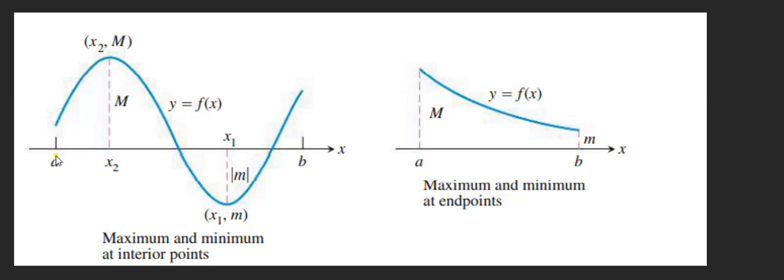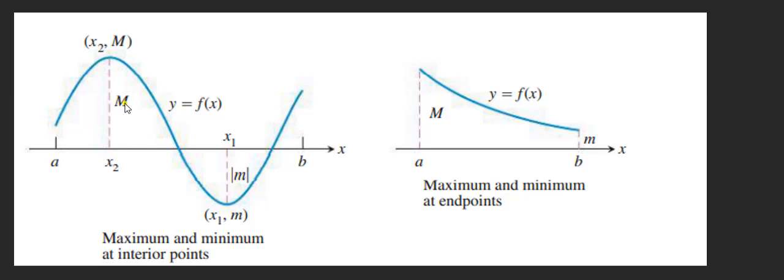We're stating that both a and b are closed. On this interval, the maximum, which is represented by capital M, and the absolute minimum, which is represented by lowercase m, happen at the interior points of a and b.